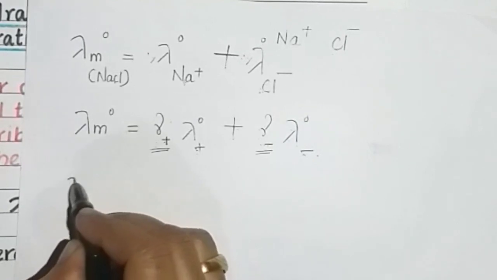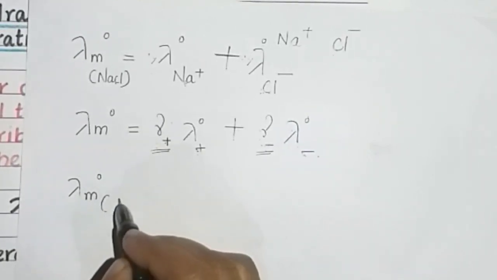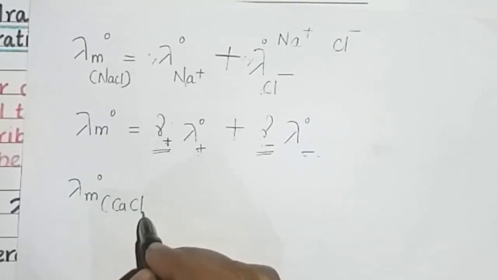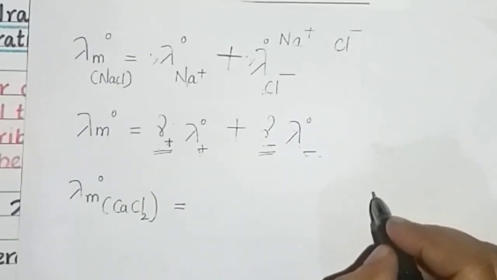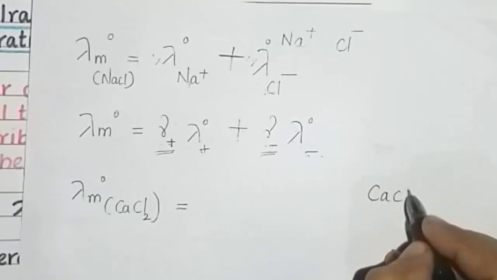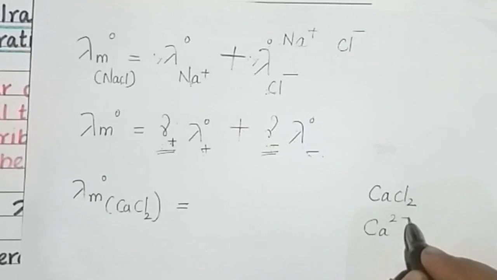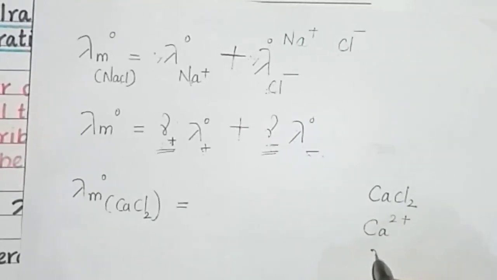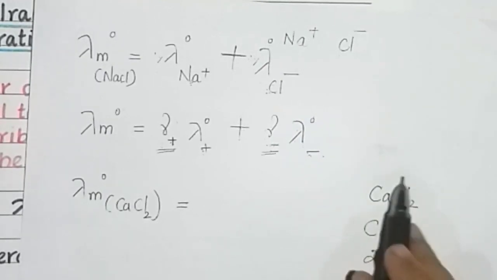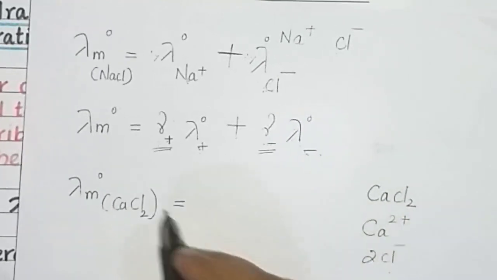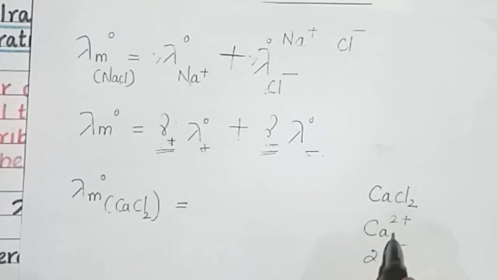Then we can write another example, lambda m0 of calcium chloride. First you should write the ions present in calcium chloride, CaCl2. The ions are Ca2 plus and 2 Cl minus ions. So how many Ca2 plus ions are there? 1.